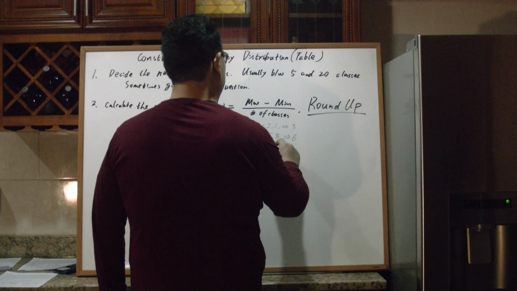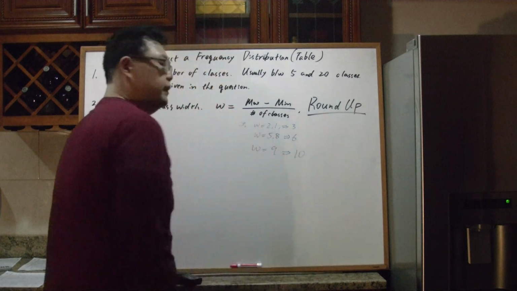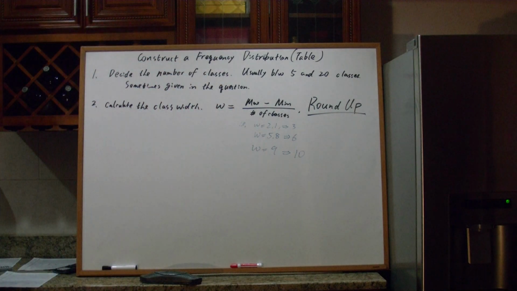Even if it's a whole number like 9, that will become the next integer, 10. It's not only rounding up, but rounding to the next integer, even though it is already an integer.